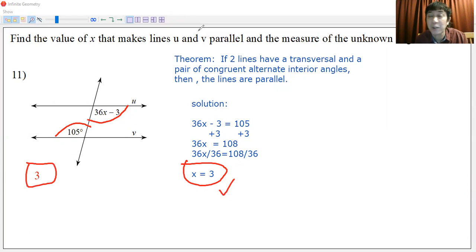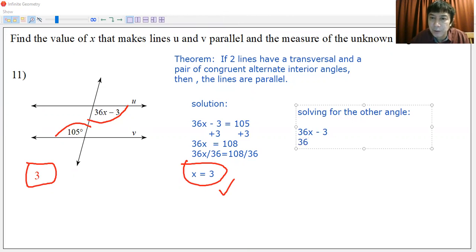All right, let's evaluate the other angle if it's equal to 105. Solving for the other angle, we have now 36x minus 3.